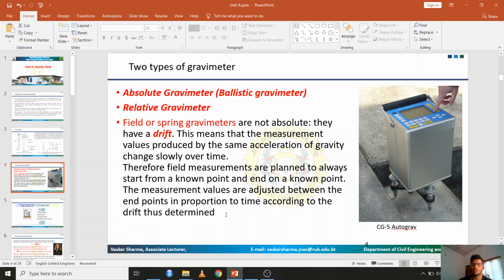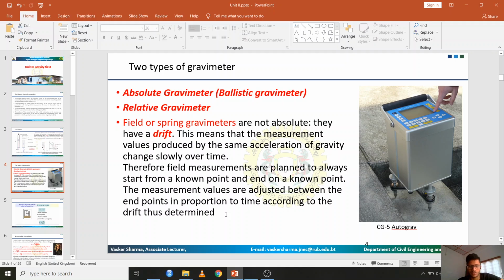In an absolute gravimeter, it considers the force of gravity due to the moon, and the centrifugal acceleration due to the Earth's rotation. So the absolute gravimeter takes all this into consideration, and because of these considerations, the gravity values tend to differ. While in relative gravimeters we try to take away this effect.